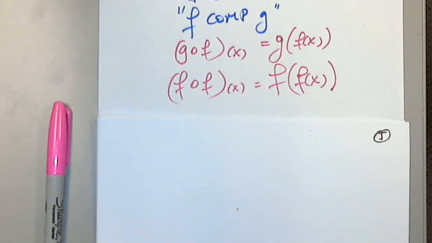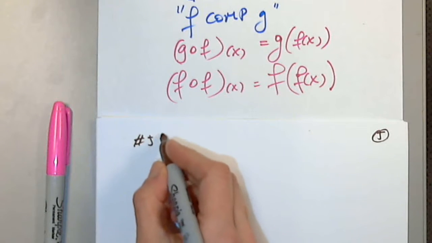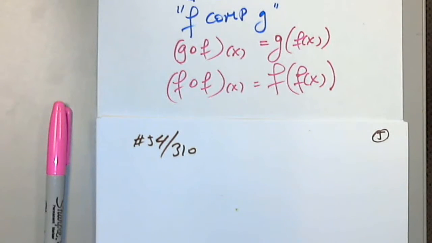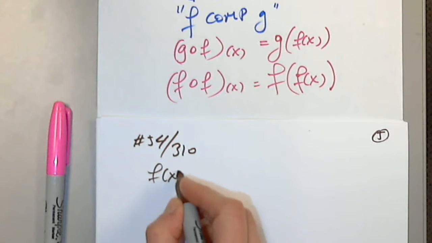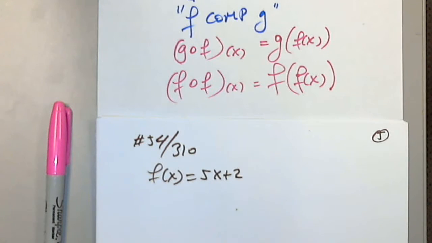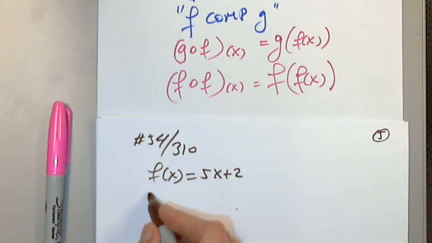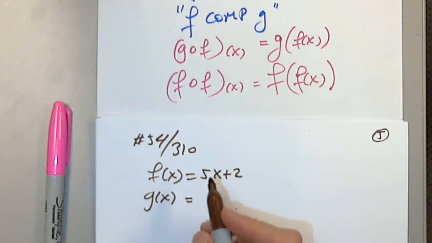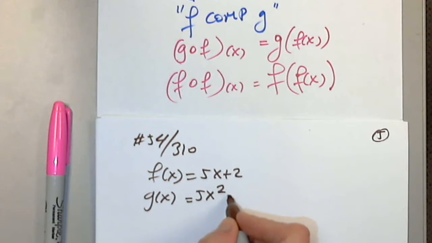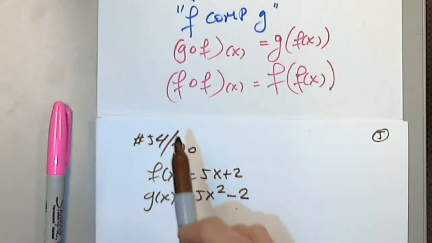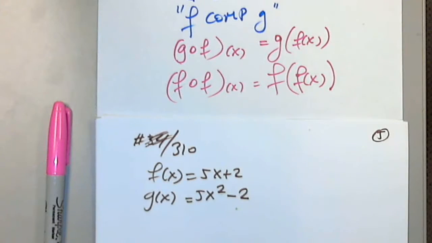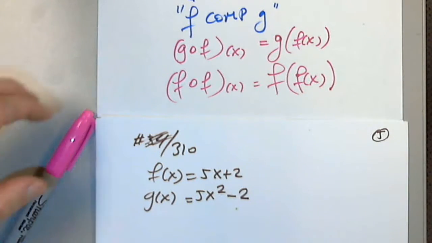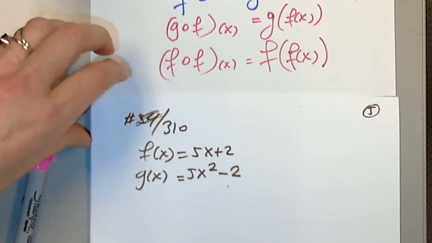Let's look at 54. So we have f of x, 5x plus 2, and g of x, and I think I probably copied from two different problems, but that's okay. 5x squared minus 2, doesn't matter. So it's not 54, something I just created on the spot.